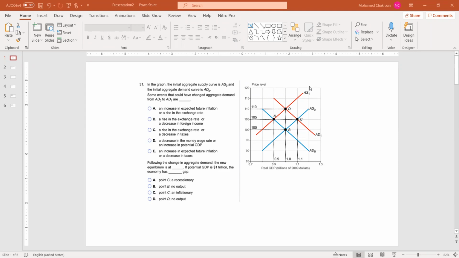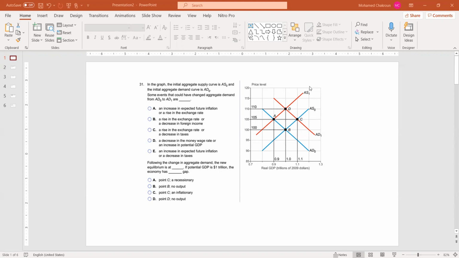So, if we start with the first question, in the graph, the initial aggregate supply curve is AS0, and the initial aggregate demand curve is AD0. Some events that could have changed aggregate demand from AD0 to AD1 are, and we have 5 possibilities.